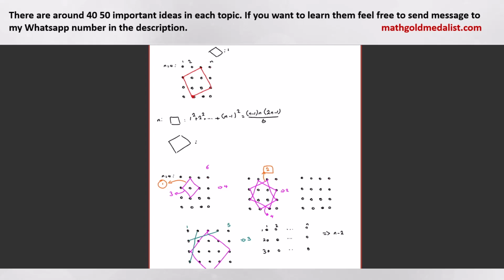K minus 2. Just make 3, 2, 1. That's the first question.